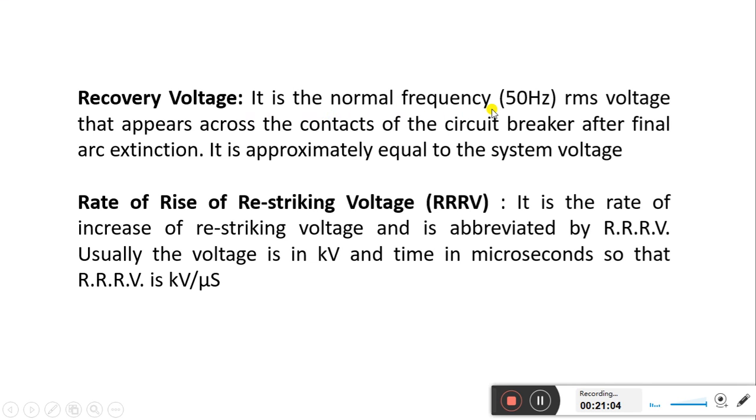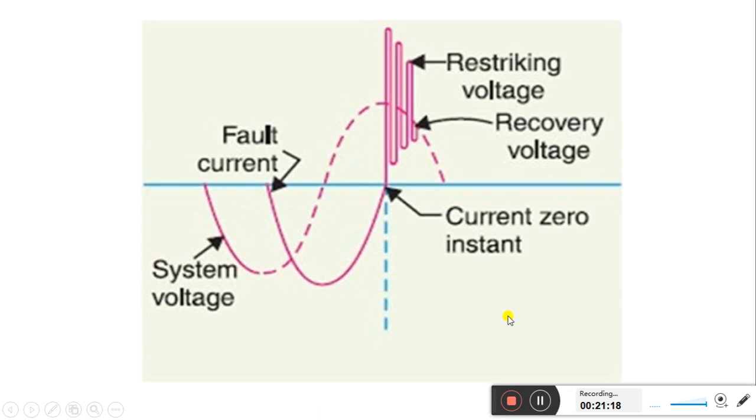It is the normal frequency 50 Hz RMS voltage that appears across the contacts of the circuit breaker after final arc extinction, and it is approximately equal to the system voltage. As I have shown here, once the restriking voltage transient has completely finished, it means the arc is totally eliminated and the circuit breaker contacts are completely open. The system will become the normal voltage, and this is called the recovery voltage.